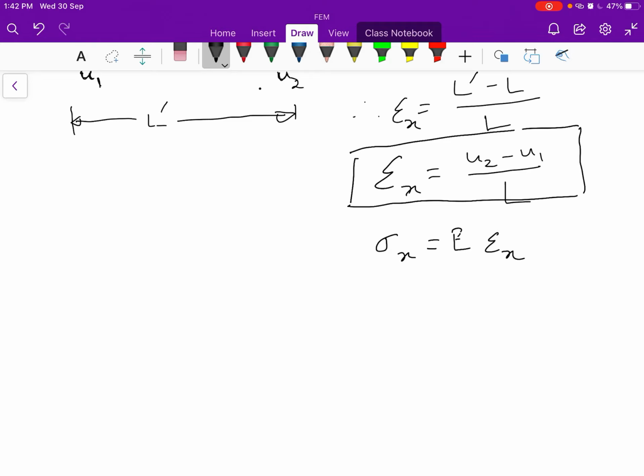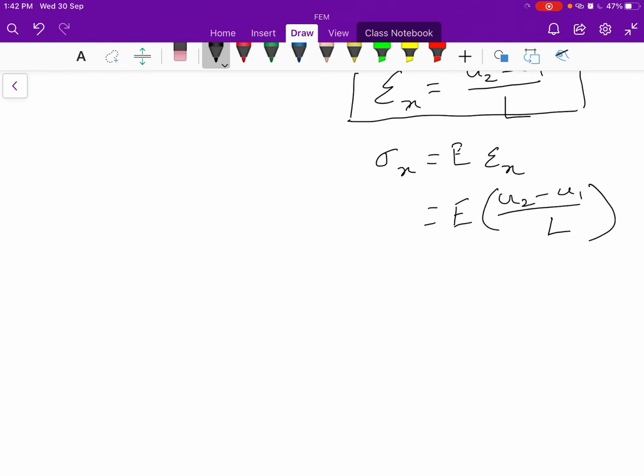So we can say that sigma x is equal to E multiplied by u2 minus u1 divided by L, and this is another expression that we shall be using.